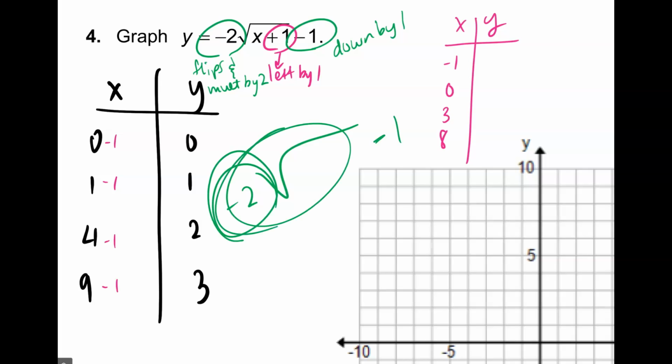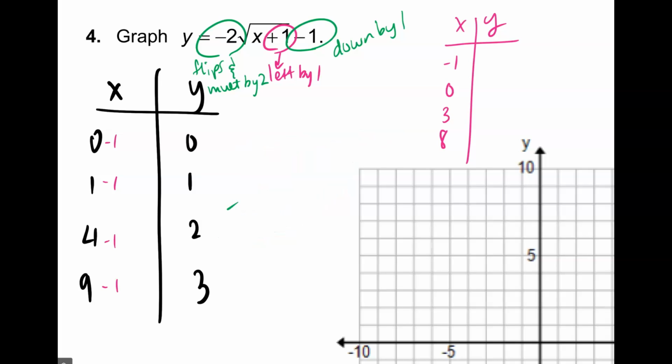So this is going to be -1, -3, -5, and -7, because you have to multiply before you subtract.